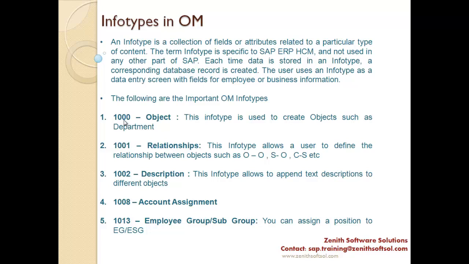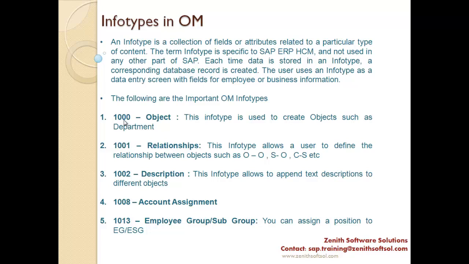This info type is used to create objects such as department. So info type 1000 is object, which is basically used to create organizational units, which are nothing but departments, or it could be group.